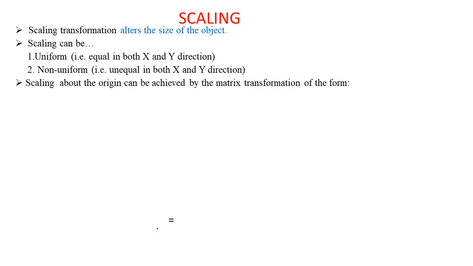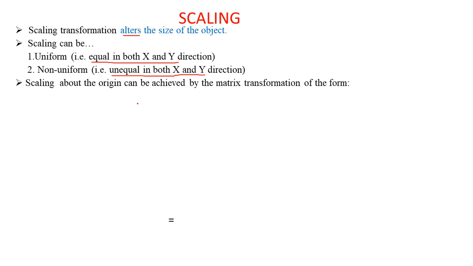Now next is scaling. The scaling transformation alters the size of the object. This is very important. In scaling we can reduce or enlarge the size of the object. Scaling can be uniform, that is equal in both x and y direction, and second is non-uniform, that is unequal in x and y direction.